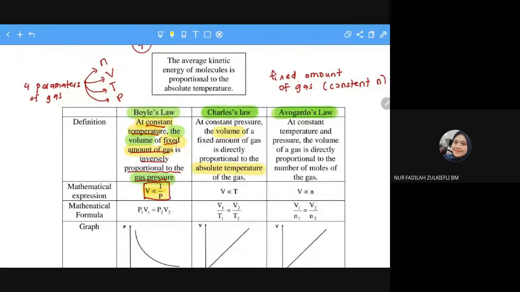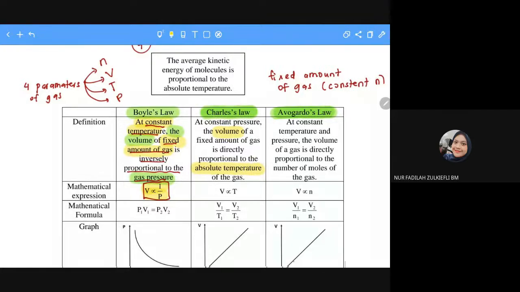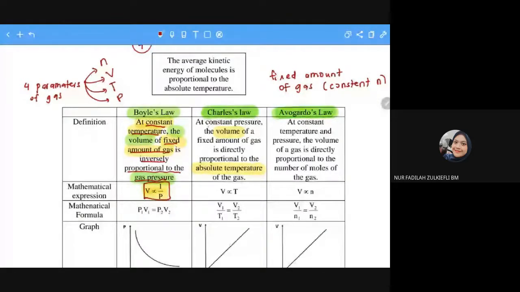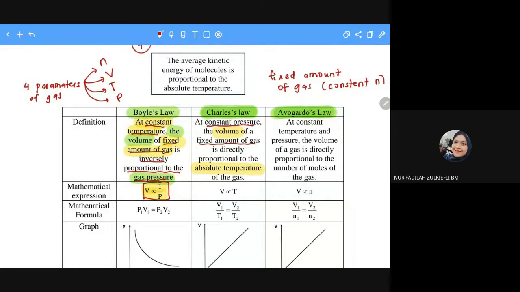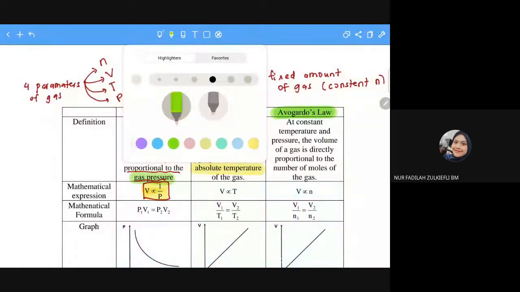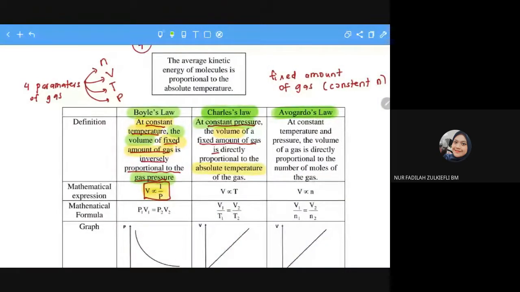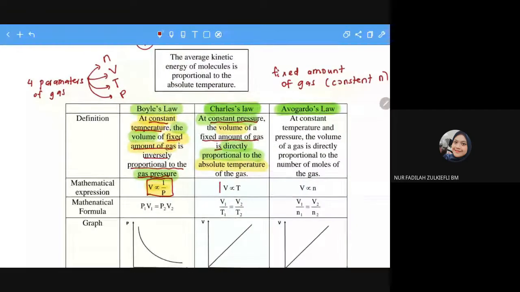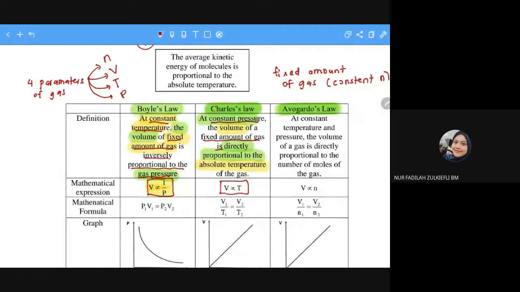At the same time, remember, dia kena constantkan pressure dan juga number of mole of gas. That's why dia kata at constant pressure. Kita nak tengok dua parameter je yang bergerak balas. Yang dimalarkan ada dua benda. So at constant pressure, the volume of a fixed amount of gas is directly proportional to the absolute temperature of the gas. So that's why the mathematical expression adalah V directly proportional to T. Okay, absolute temperature. So the temperature must be in Kelvin unit.